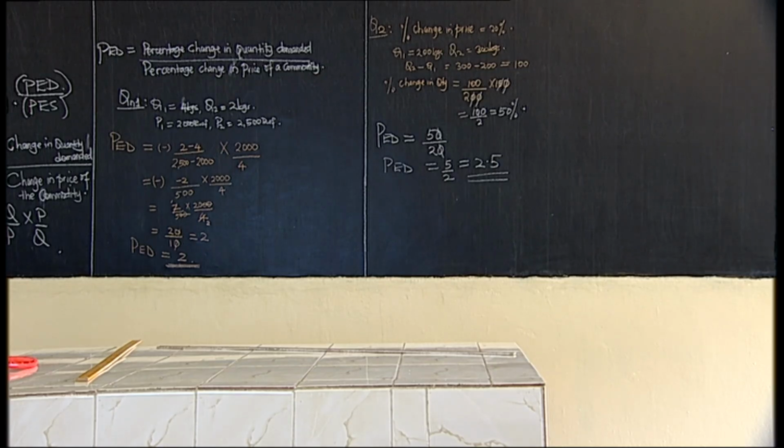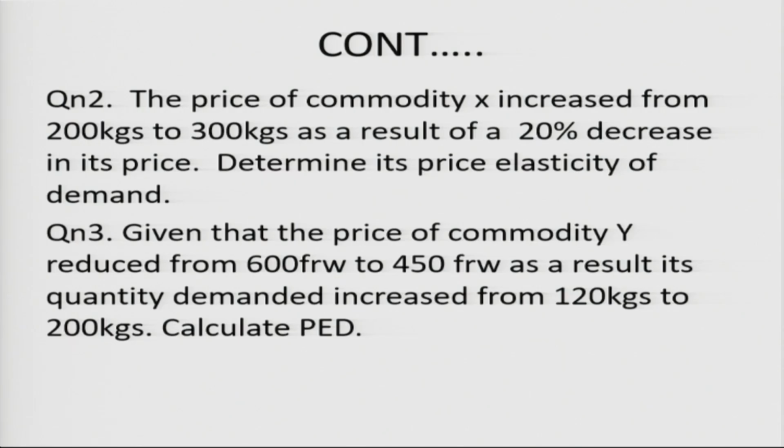Question 3, try to put it down. I want you to work it out. Given that the price of a commodity Y reduced from 600 to 450 Rwandan francs, as a result, its quantity demanded increased. You can see here there is an inverse relationship. A reduction in price and increase in quantity demanded.